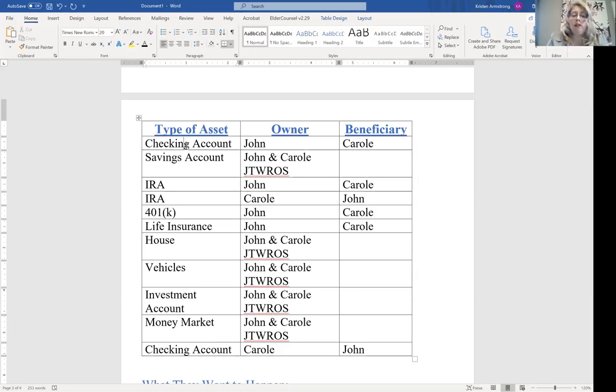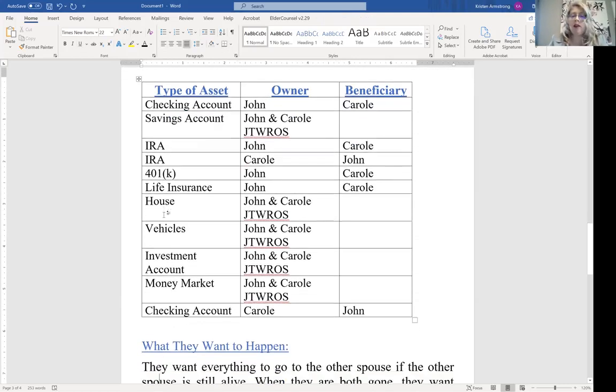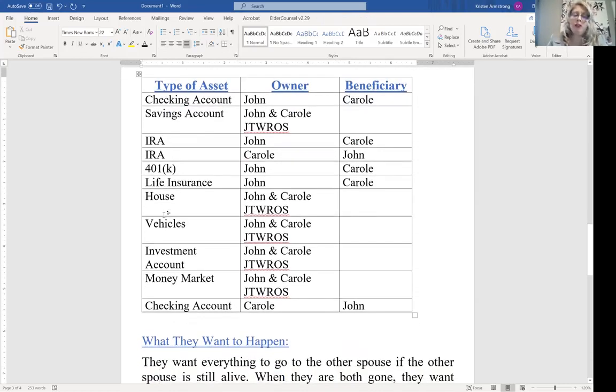John also has a 401k, which he has not moved from his employer. John has life insurance, and he also has a beneficiary on the life insurance policy. The house is owned with joint tenancy with rights of survivorship, meaning John and Carol both own the house. Whenever one of them passes away, the ownership will vest solely in the other, the survivor.